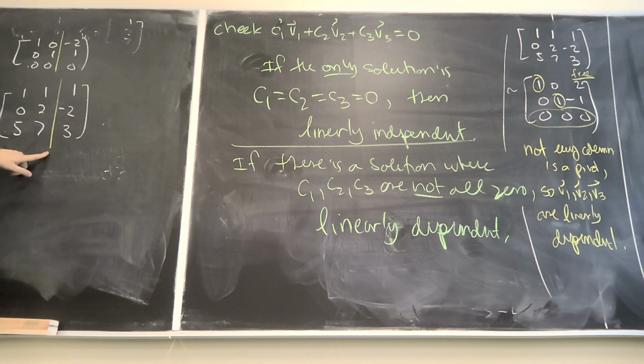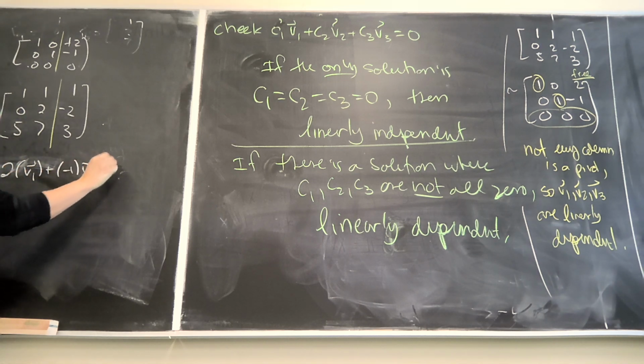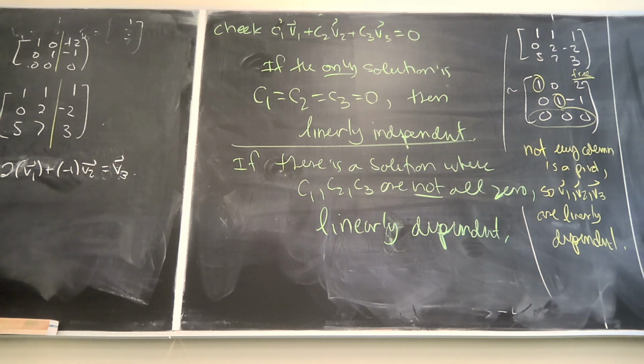That's what putting that augmented column there would have asked. Can I write this vector as a combination of these? And the answer is yes. And in fact, the way you would do it would be minus 2 times v1. Hang on, that should be a positive. Positive 2, negative 1. 2 times v1, thank you, plus negative 1 times v2 is equal to v3.